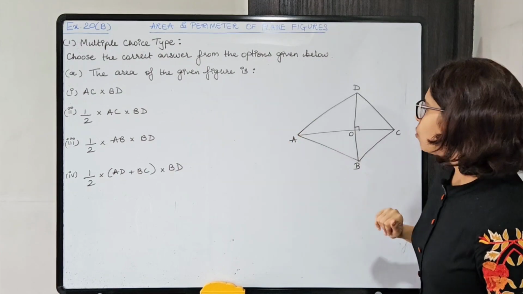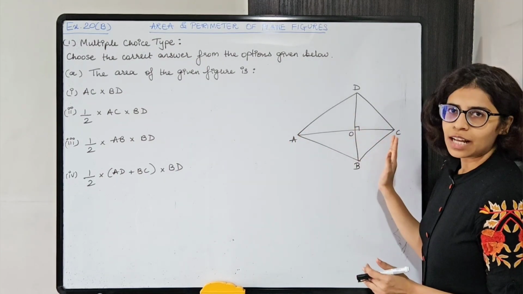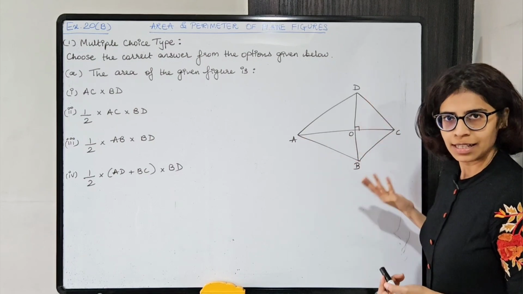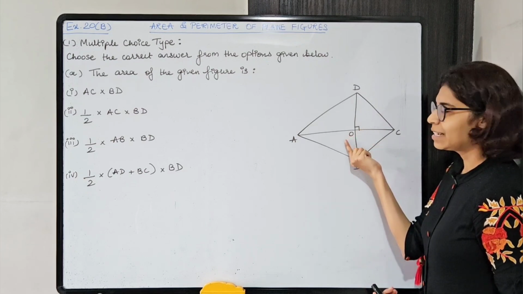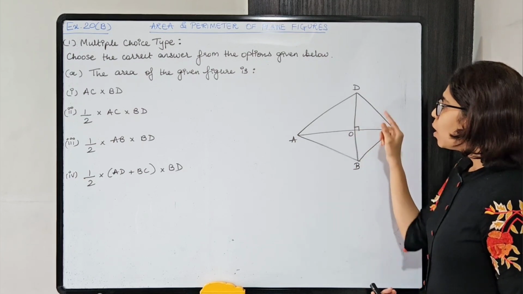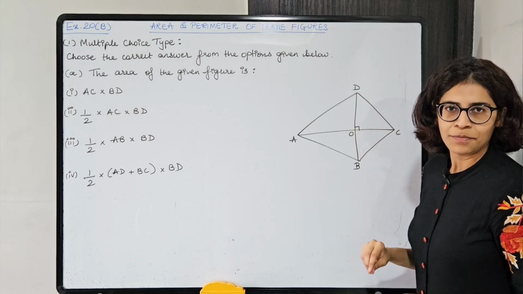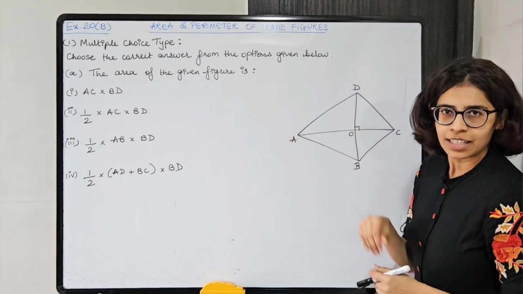Okay. So this figure is a quadrilateral, and for the quadrilateral we are given that AC and BD are the diagonals, right? And the diagonals are perpendicular. They are at 90 degrees at point O. So when in a quadrilateral the diagonals are perpendicular to each other, what will be the area of the quadrilateral? We only have to find the area, right?